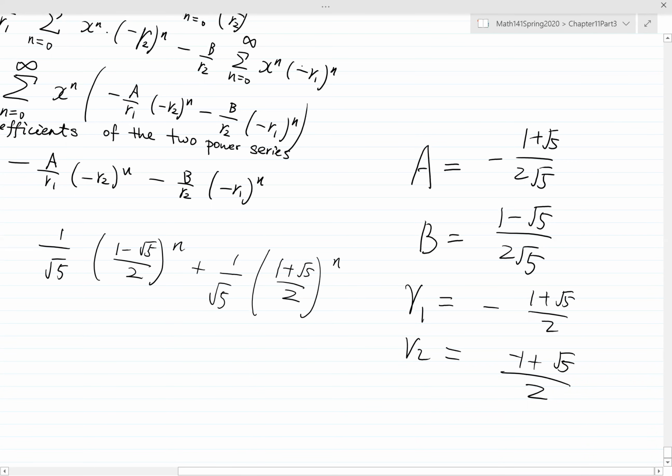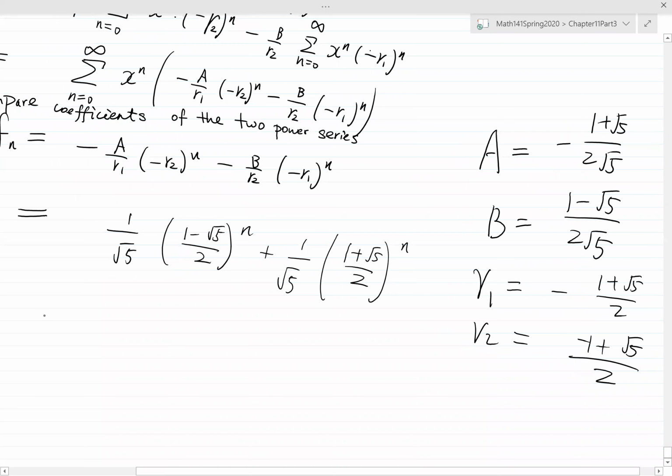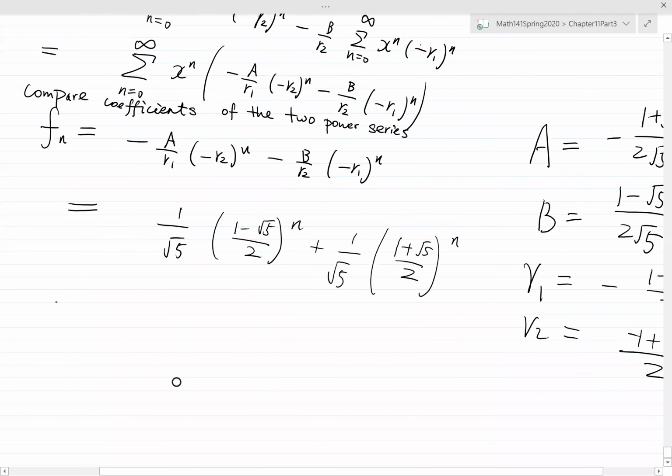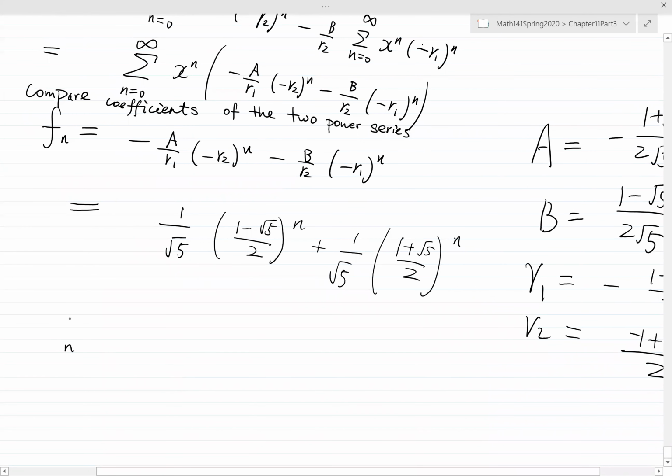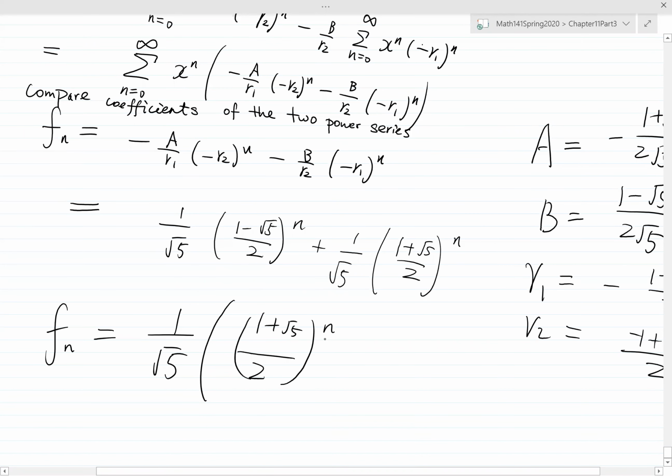Okay, so finally you get the Fibonacci number is 1 over root 5. The thing, you know, is the golden ratio. This is the famous golden ratio.